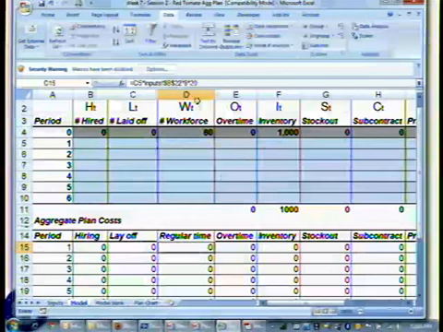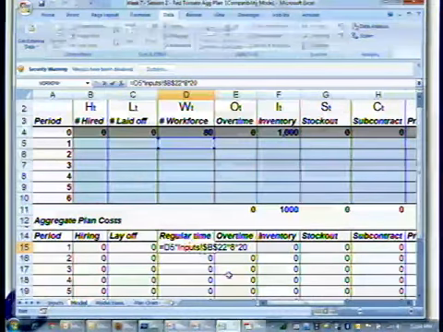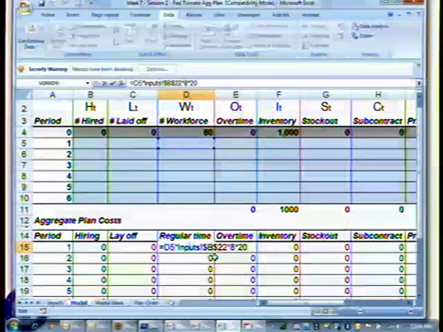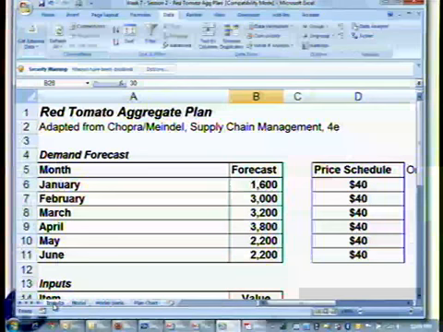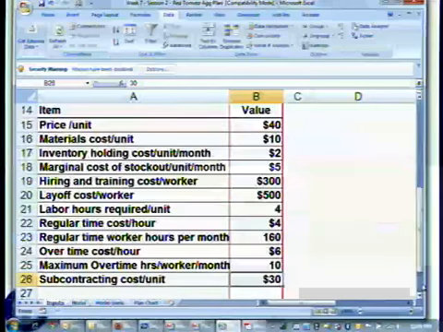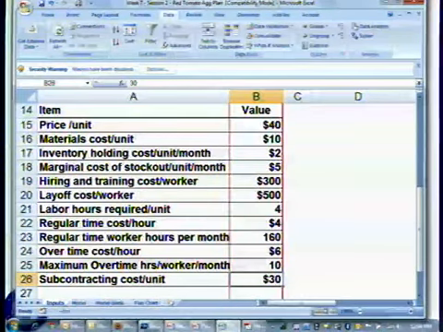Regular time is the number of workforce multiplied by the inputs B22 times 8 times 20. So if we look at the inputs, that is going to be B22, regular time per hour.